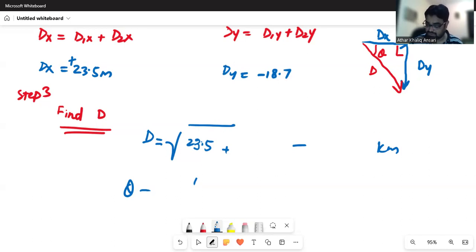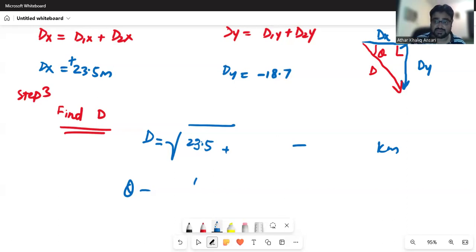So I'm going to write shift tan of negative 18.7 divided by 23.5. This is giving me negative 38.5, which means it is around 39 degrees.